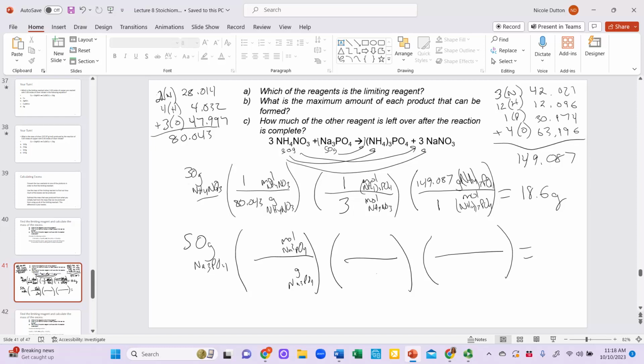And we're going moles Na3PO4 to moles of our new substance, (NH4)3PO4. From moles of that new substance, (NH4)3PO4, we're going to grams of that substance.